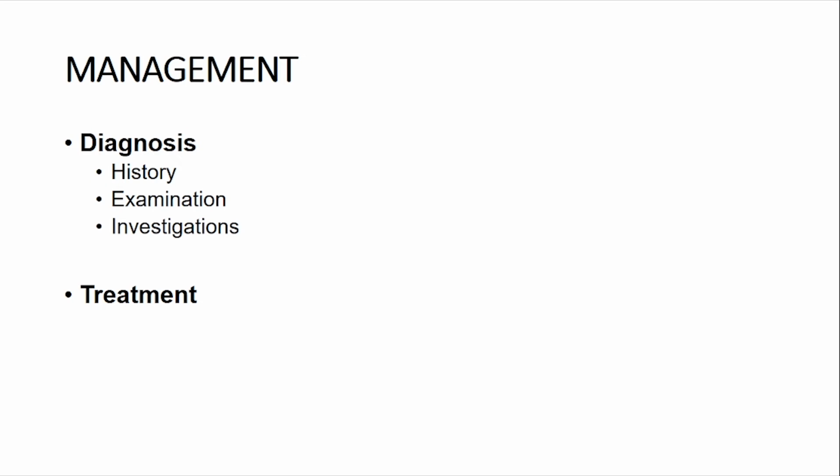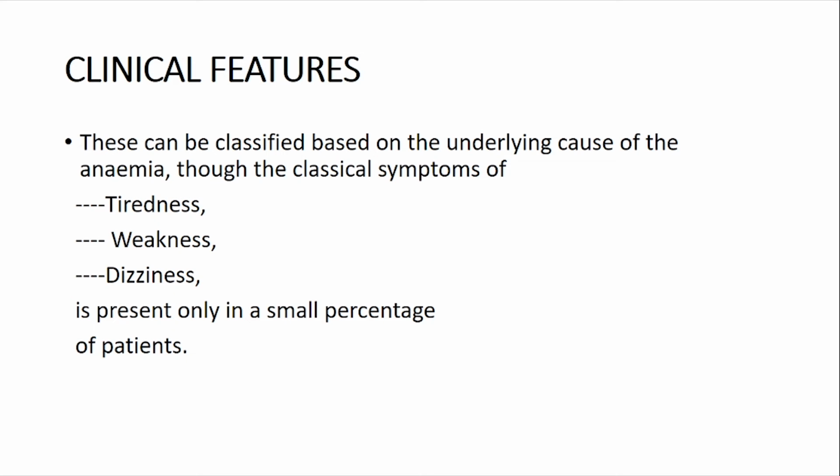How do we manage a woman that has anemia in pregnancy? Management will range from diagnosis, which will be from good history taking, examination of the woman, and investigation before proceeding to treatment. Clinical features can be classified based on underlying causes of the anemia, though the classical symptom presentation includes tiredness, weakness, dizziness, although this is present in a small percentage of patients.